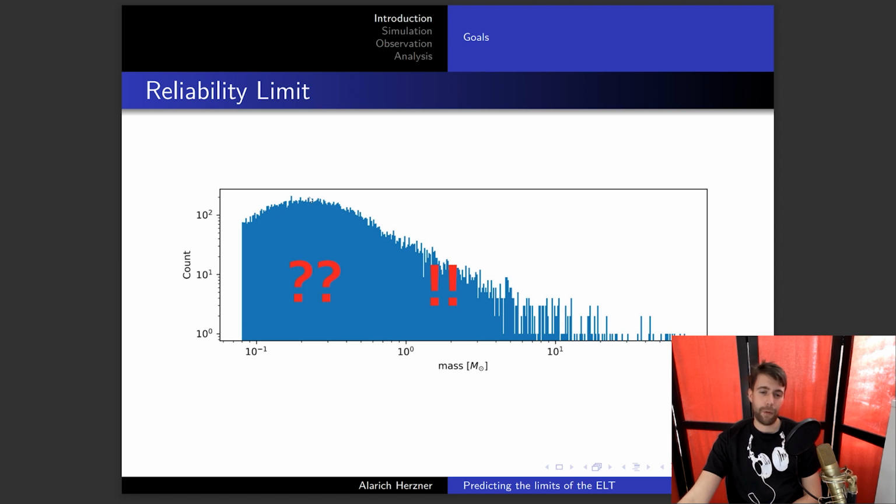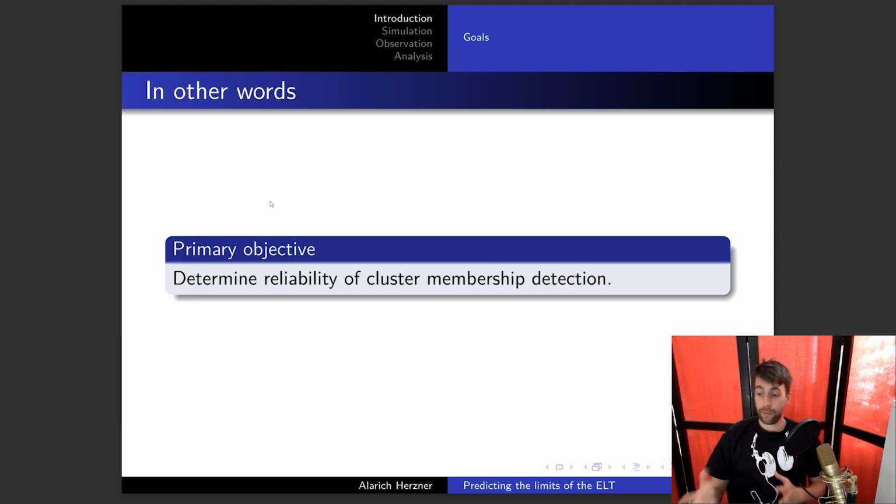Some of you probably already think, and rightfully so, that we will be using clustering algorithms to determine the cluster membership. Okay, so in other words, the goal of this thesis, again, is to determine the reliability of cluster membership detection.